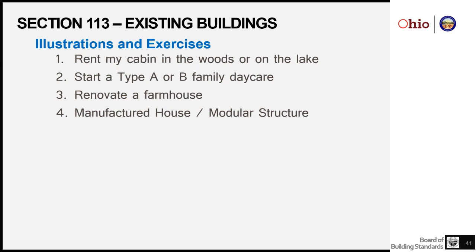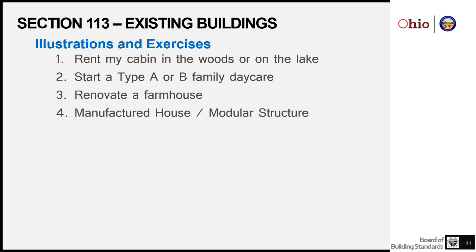A modular structure is probably going to be an IU because it's probably built off-site, closed construction, transported to the site and erected on a site-built foundation and things like that. For modular structures, local building departments have some responsibilities for all of the site-built stuff, the foundations, some of the closures.